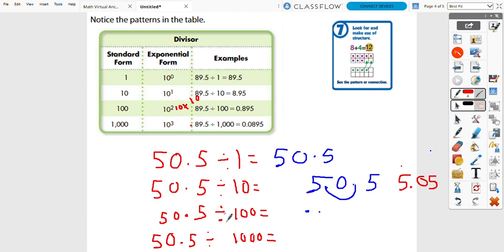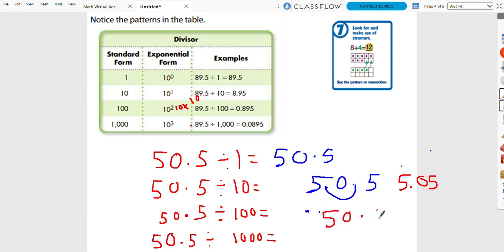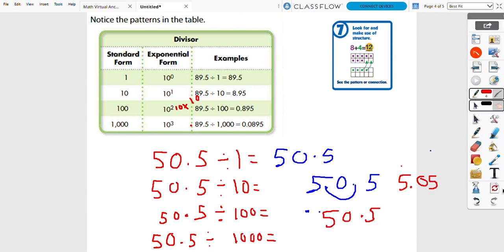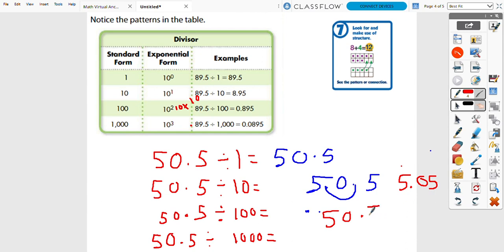What about if I did it to 100? 50.5 divided by 100. We're moving it how many places? Look at those zeros. 1, 2.